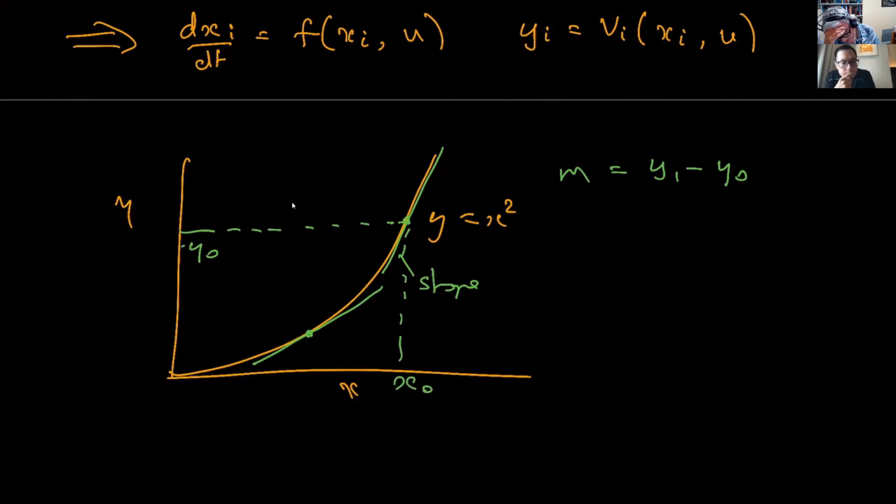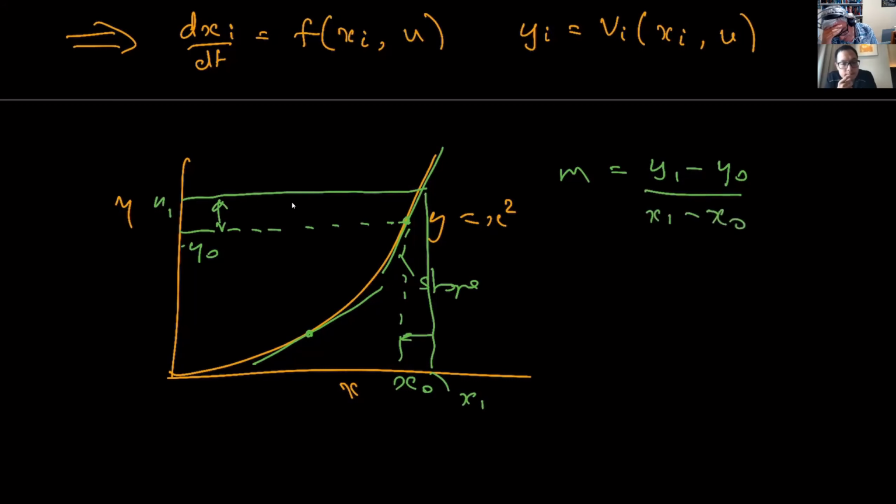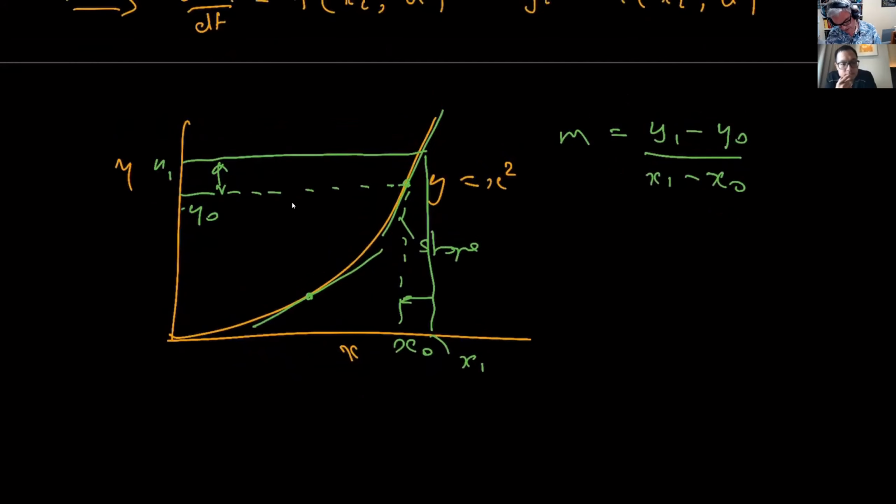If I take a point up the straight line, I'll get y1, and that'll be my x1. So the slope is y1 minus y0 divided by x1 minus x0. Now I can rearrange this. Let me just do this for a minute.